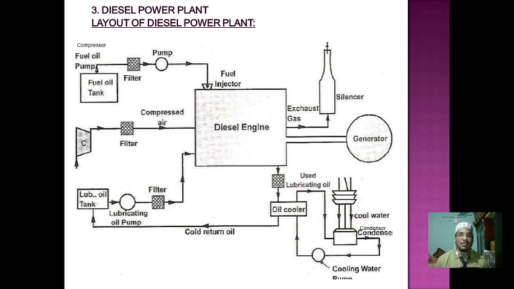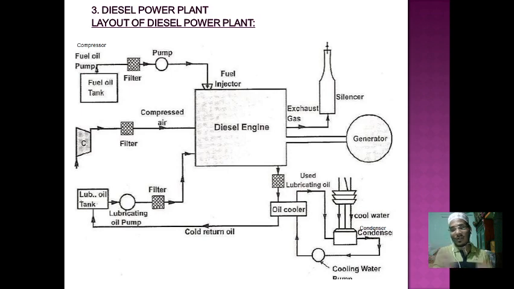Next, in this part, the diesel engine becomes very hot. How do we control the temperature of the diesel engine? We do this with the help of lubricant oil. We pass the lubricant oil through one side, it goes to the diesel engine, then it becomes hot, and then it comes to the oil cooler.